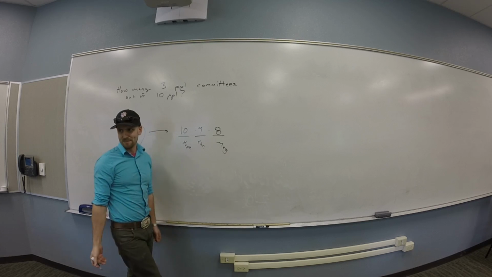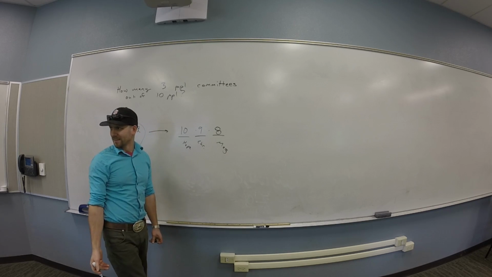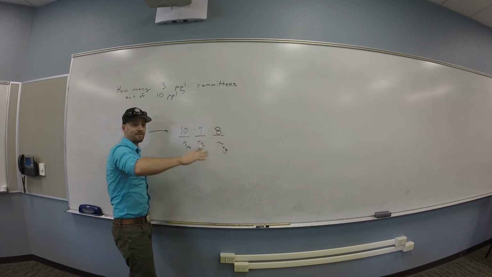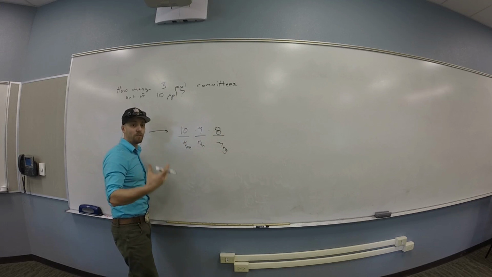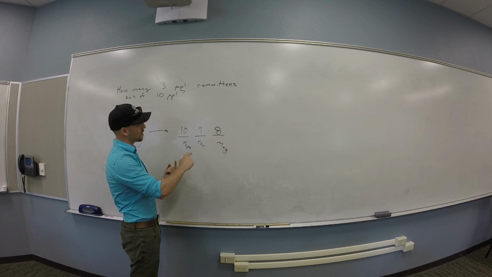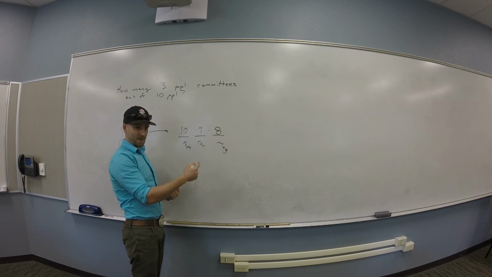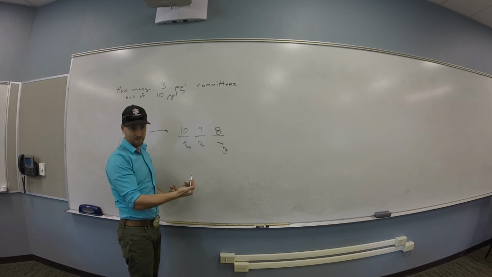But that's still the same committee of people, right? So this is too big. I overcounted, and I overcounted by the number of ways there are to take those 3 people and rearrange them. You guys see that?